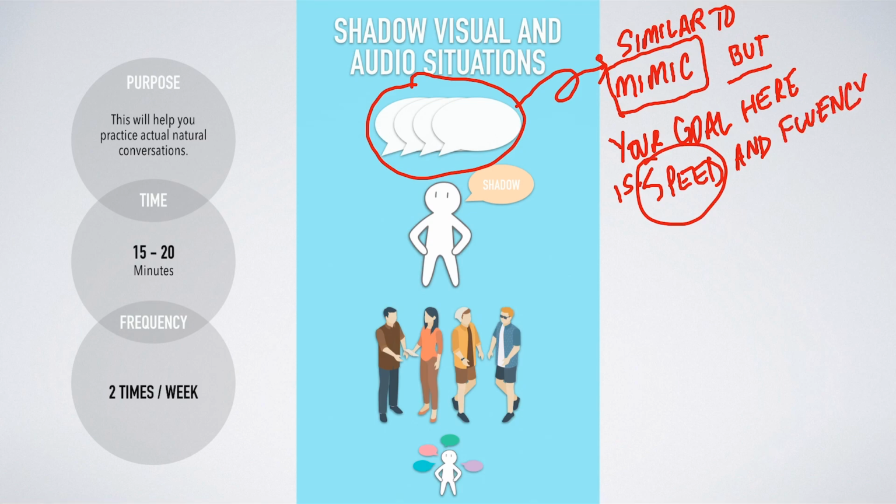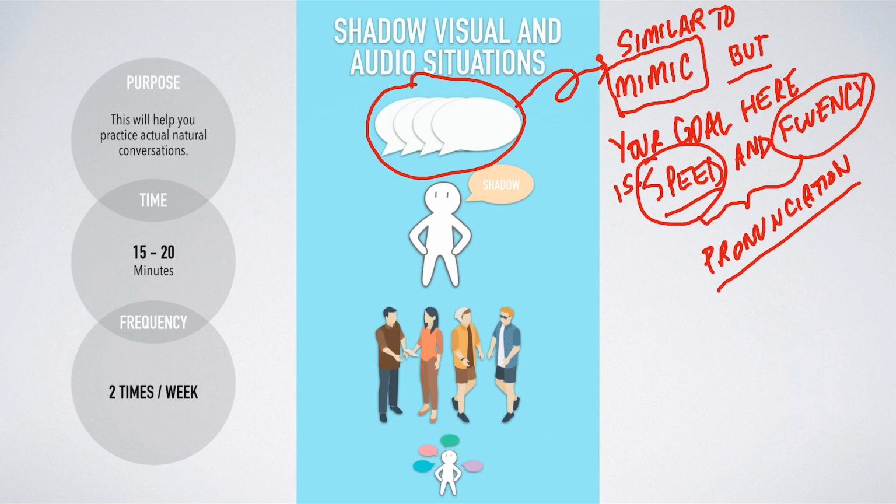Okay? Speed and fluency are very similar, but speed and fluency, and also pronunciation when you're speaking. Okay? That's what makes this method a bit different. Speed, fluency, and pronunciation are the three things you want to focus on.